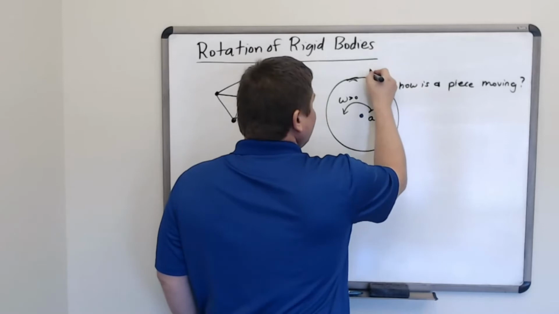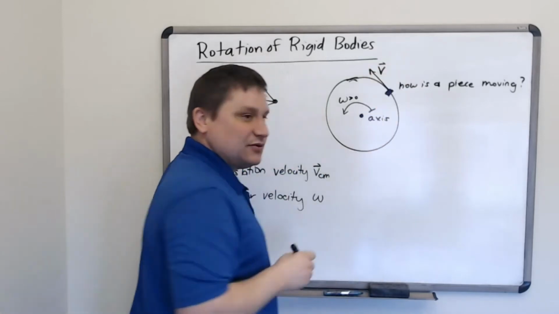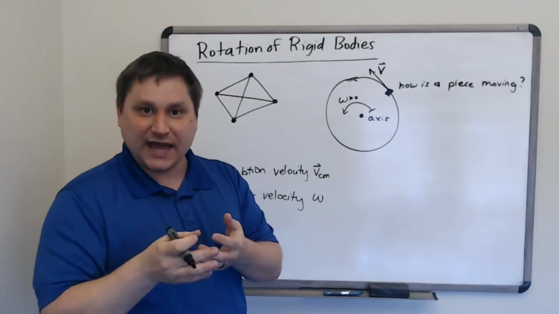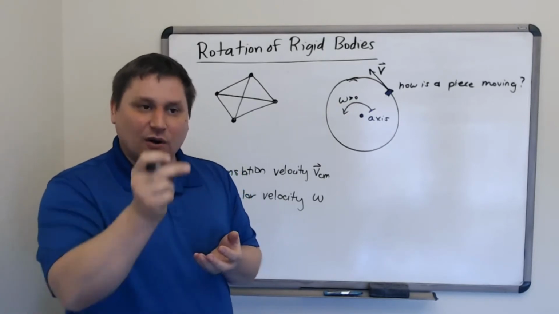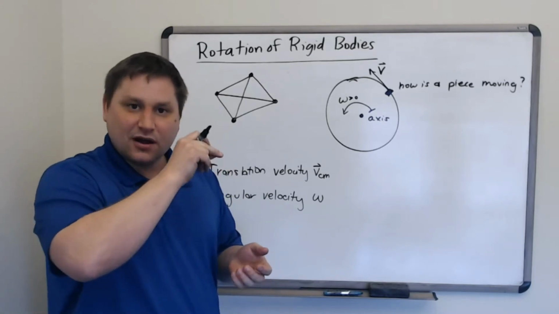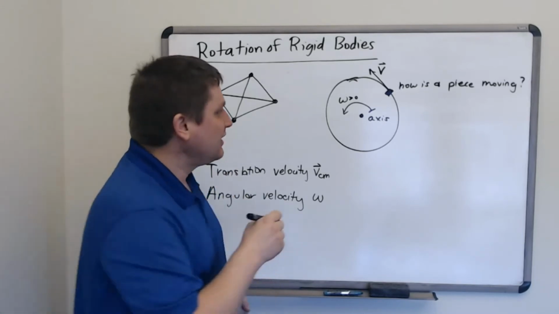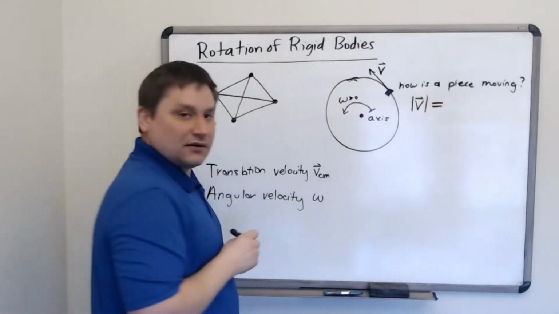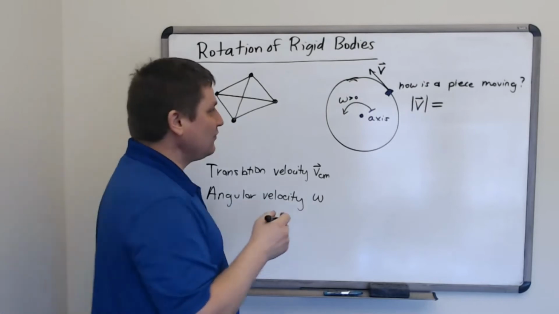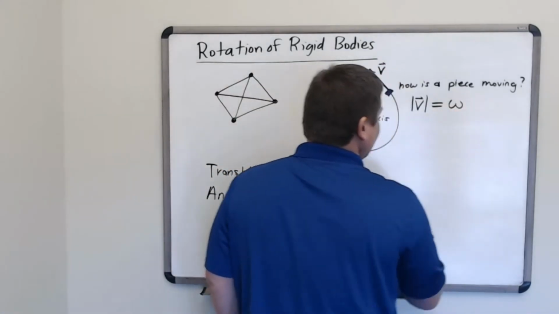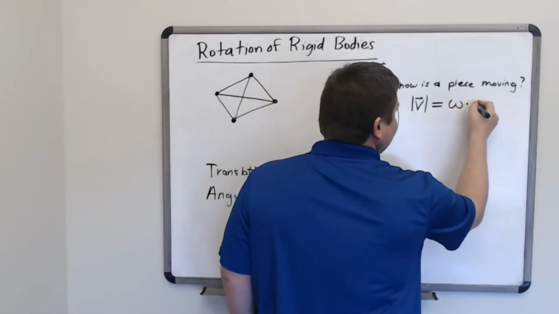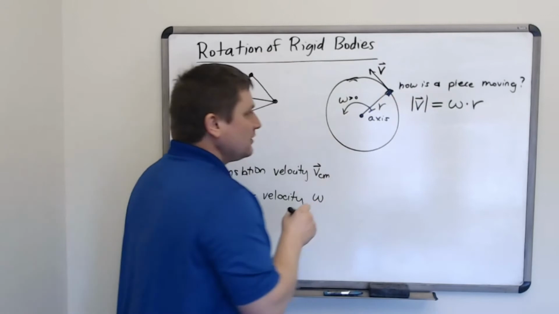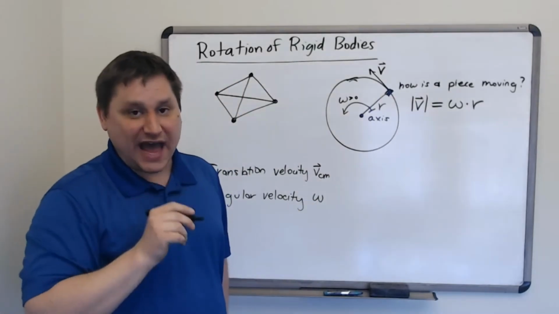Well, we've already worked this out somewhat too, back when we did uniform circular motion. If we consider each piece of the object to be its own thing, then each piece would go on a circular trajectory around the axis of rotation, and the magnitude of the velocity that that piece travels at would be equal to omega, the rate of rotation, multiplied by the distance to the axis of rotation for that piece.